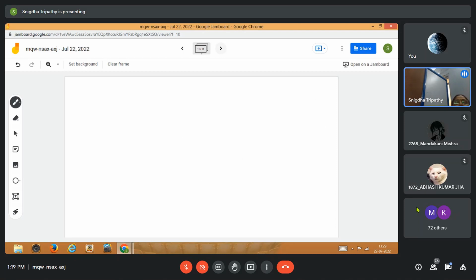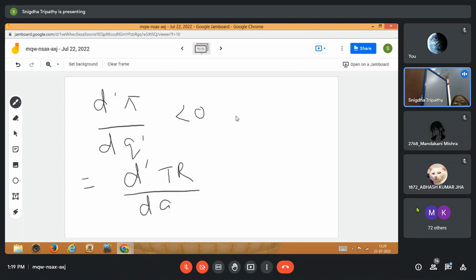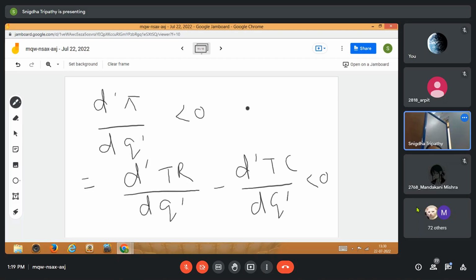So what is the second order condition? If I differentiate this profit function further with respect to Q, it should be negative. That means second order differentiation of the total revenue function with respect to Q minus second order differentiation of the total cost function with respect to Q should be negative. Right?